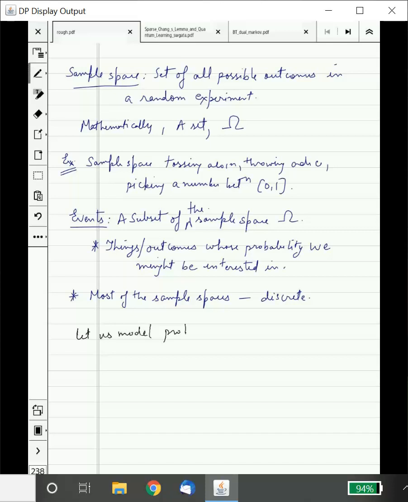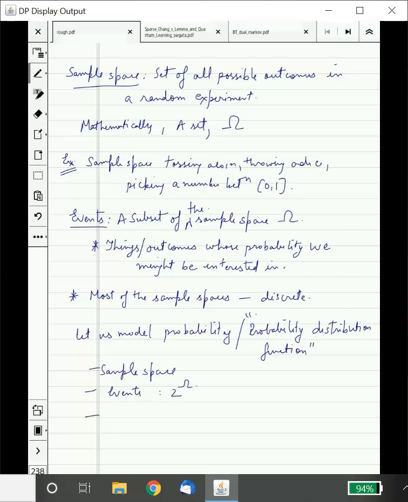When the sample space is discrete, the important thing is what we call a probability distribution function. Remember, we wanted to model an experiment. We started with sample space, events, which were all the subsets of the sample space, and finally, last but not the least, the probability distribution function.